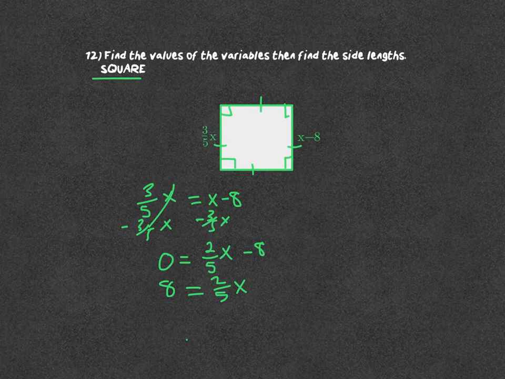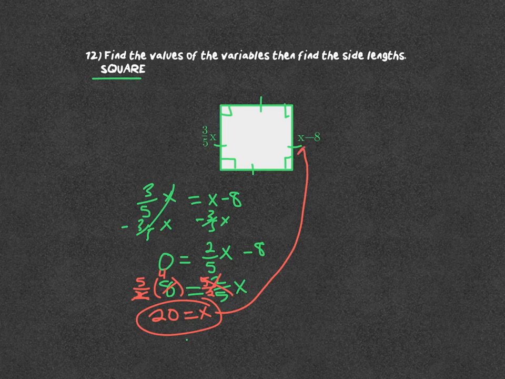And then I'm solving for x, so I'm going to multiply by the reciprocal, 5/2, and then multiply this side by 5/2. So when I simplify this, 5/2 times 8 would simplify to 20 equals x. X is 20. Now I need to figure out what the side length is. So I take my x and I put it in for one of my x's. 20 minus 8 is 12, so the side is 12.